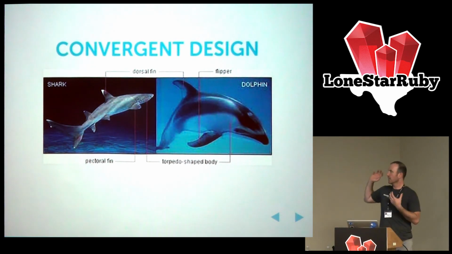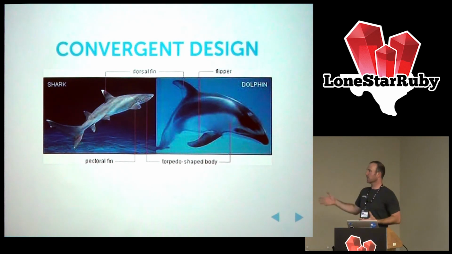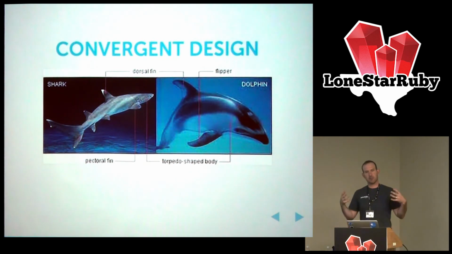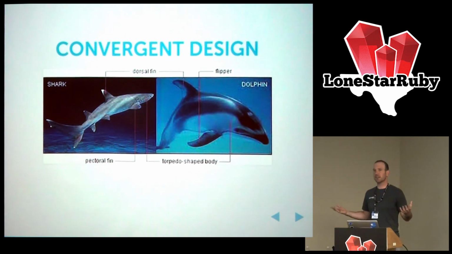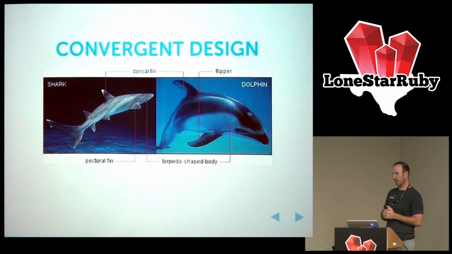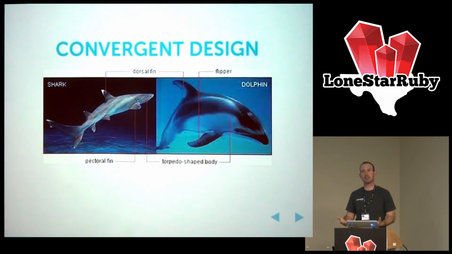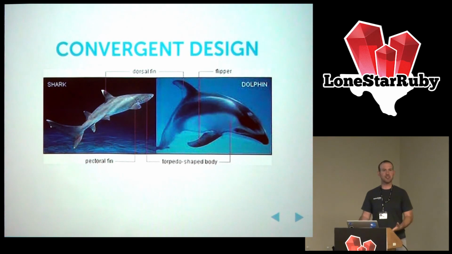I don't know if you're familiar with the concept of convergent evolution, but here you have a dolphin and a shark, which share very little by way of heritage. But at the same time, they share physical characteristics that are very similar. That's because they're both ocean-dwelling fish eaters.